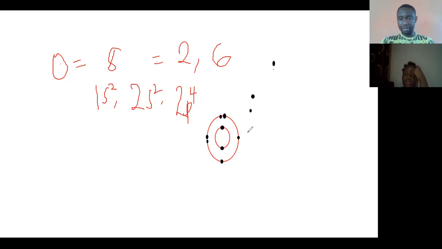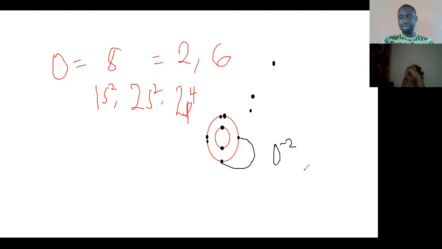Because of that, these 2 electrons will have to react with another, similar oxygen atom to give us a covalent bond of oxygen. That's why we always have oxygen as O2. Oxygen actually needs 2 extra electrons to attain the octet state configuration.